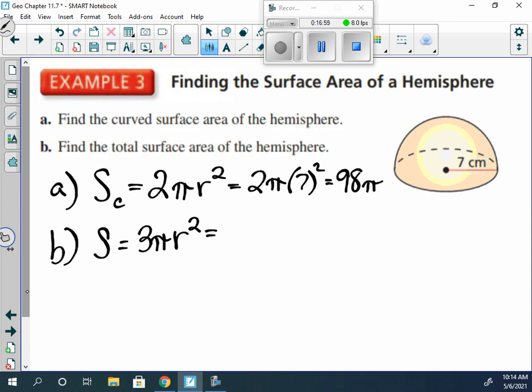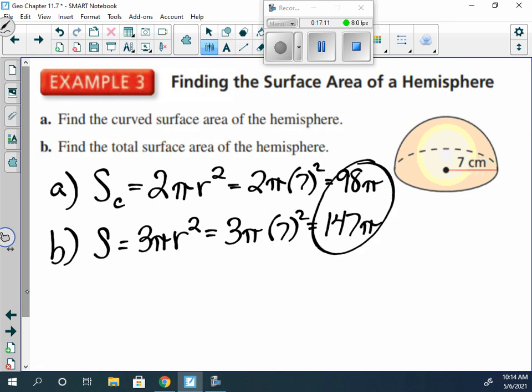Well, if we want to find the whole thing, we can do 3 pi times 7 squared. I have a feeling it's just going to ask for the overall surface area. It's just not going to ask for the curved in total.